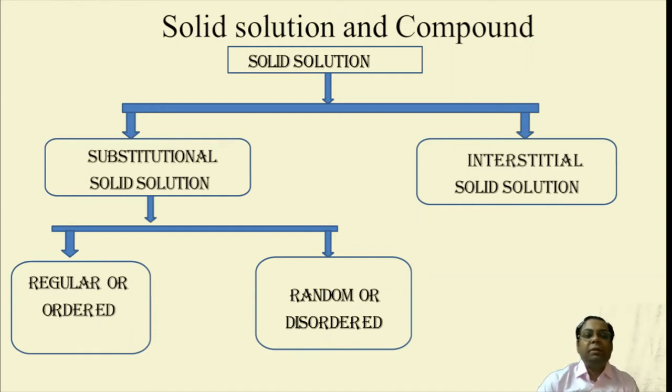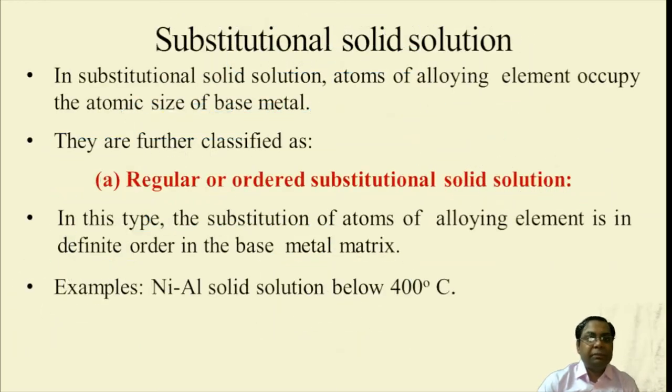Substitutional solid solution is further subdivided into two categories: regular or ordered type and random or disordered type. So let us check substitutional solid solution. The name itself tells that it is substituting something.